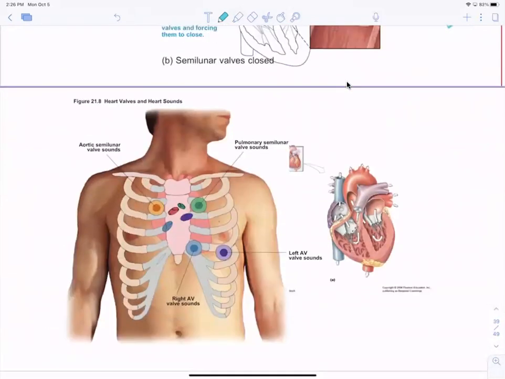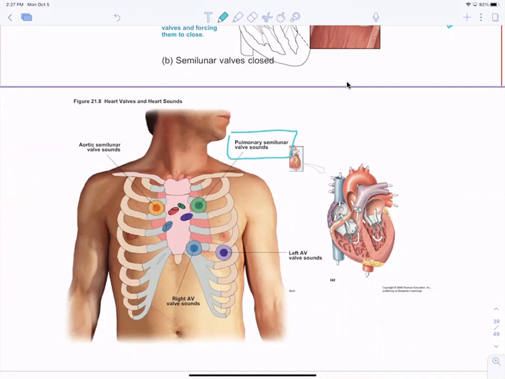Physicians, when they put a stethoscope up to your sternum and ribs, are actually checking individual heart valve sounds. When they put it over the right ribs 2, 3, they're checking your pulmonary semilunar valve, and they can hear it very well from there.